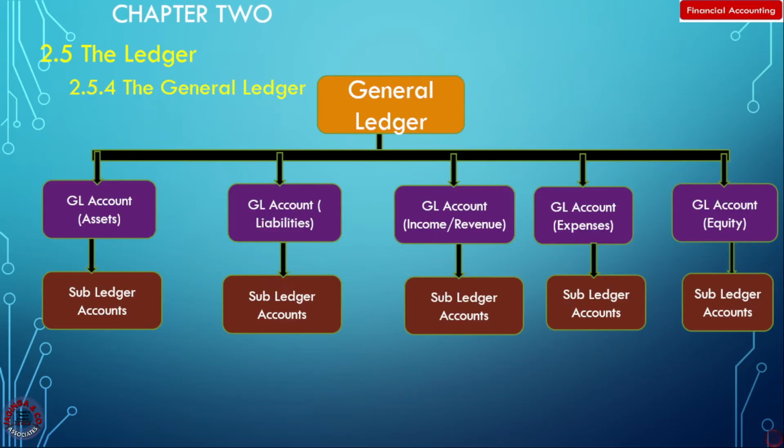As we proceed, we also have an overview of the general ledger. This is what the general ledger looks like. Under the general ledger, we have the general ledger accounts: assets, liabilities, revenue, expenses, and equity. Under the general ledger account for assets, we also have sub-ledger accounts, which will be non-current assets and current assets.